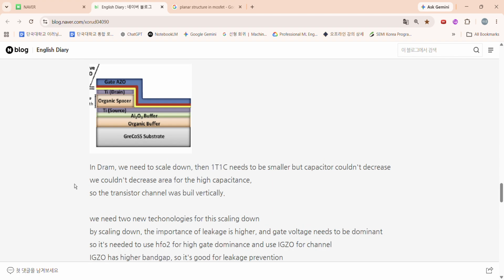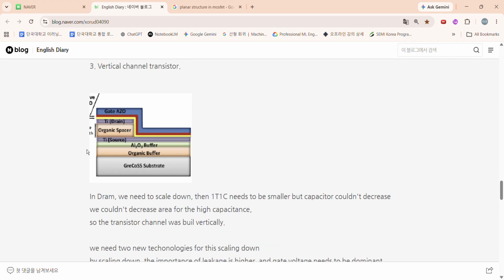In Korea, the memory industry is very developed, so I will talk in terms of the memory perspective.